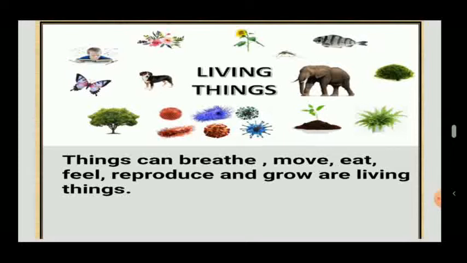Now we know that the things that can breathe, move, eat, feel and reproduce are living things. Living things also need a house to live. Living things need three things to live.